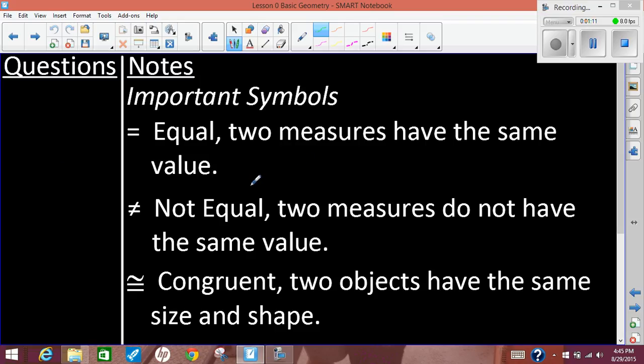Now, some of you might have been copying all of these words down on your paper while I was talking about the left column, and you might have missed everything I said about what to do with that questions column. Well, the important part about a flipped classroom is that you can always pause this video, write everything down, then press play and listen to what I have to say.